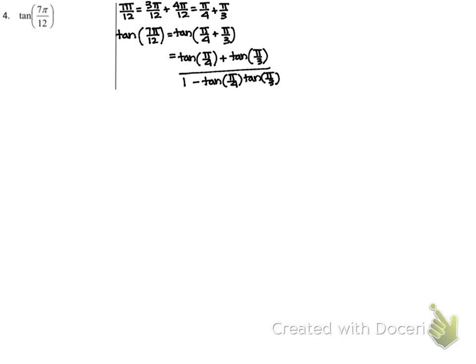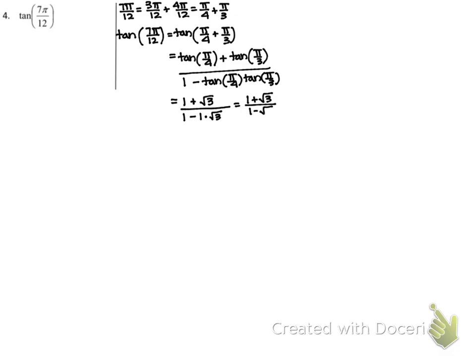Okay. Tangent of pi over 4 is 1 plus tangent of pi over 3, which means the tangent's going to be positive root 3, over 1 minus 1 times root 3. Okay, so this is 1 plus root 3 over 1 minus root 3.